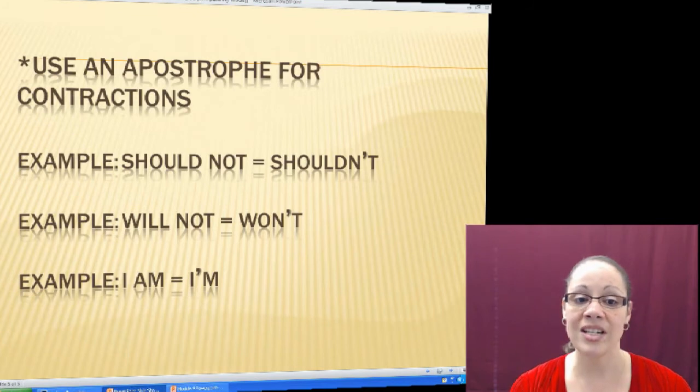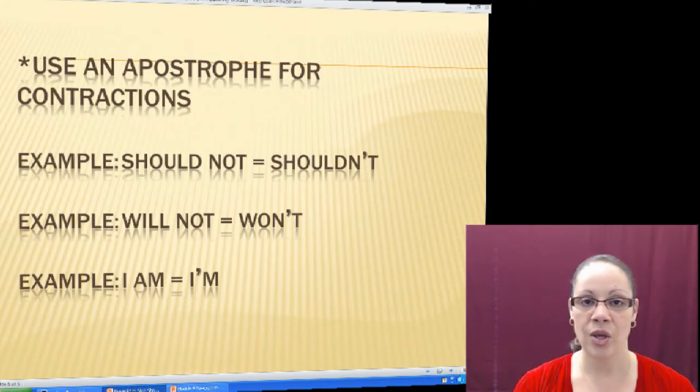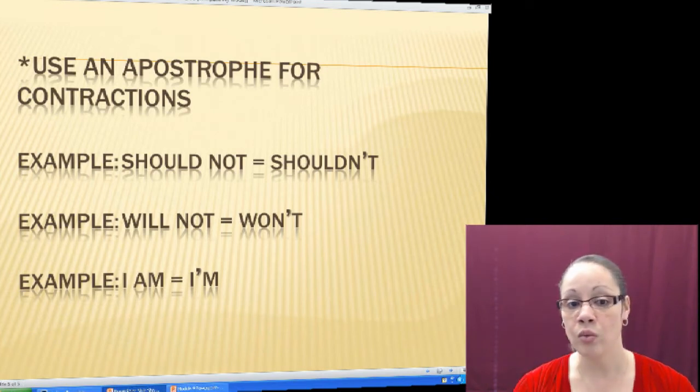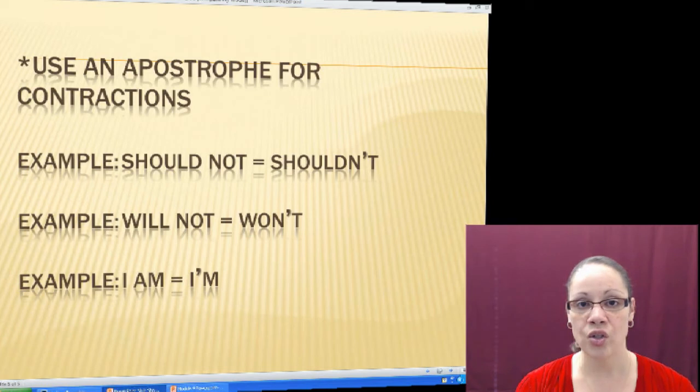Example here, should not becomes shouldn't, with an apostrophe T to show that you have an abbreviation of the word not. Will not becomes won't, with an apostrophe T to show there's an abbreviation there. And I am becomes I'm, I apostrophe M, to show that there's an abbreviation of the word am there.